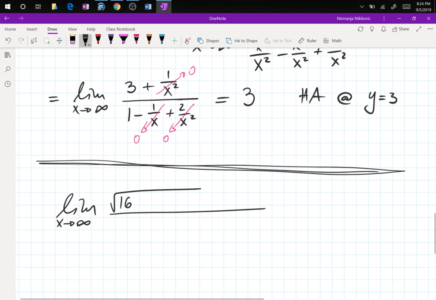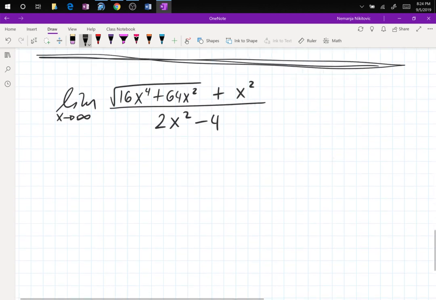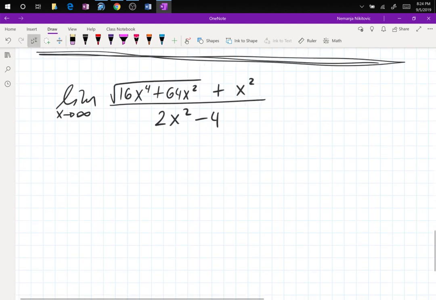The square root of 16x to the 4th plus 64x squared, outside of the root plus x squared, divided by 2x squared minus 4. This belongs on a shelf where you put mathematical gymnastics. This is it. No purpose whatsoever. It's just, look, Ma, what I can do.